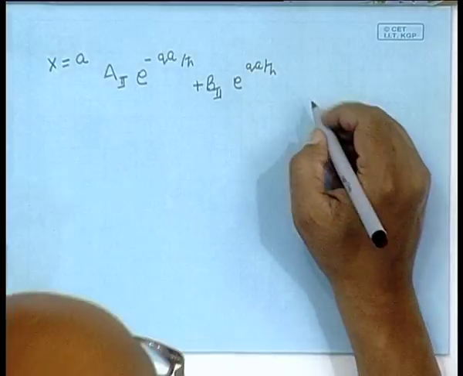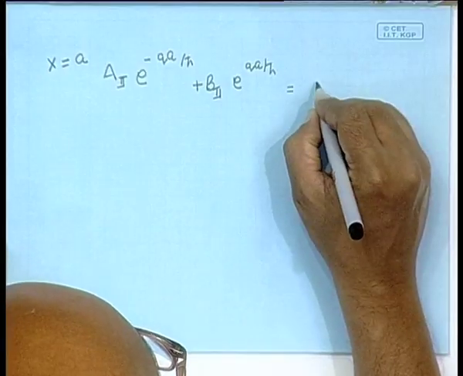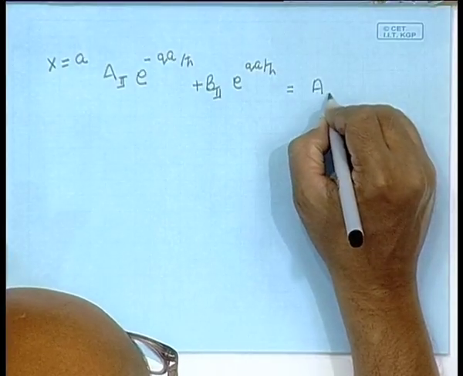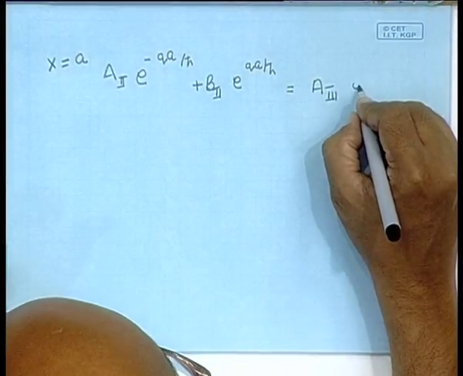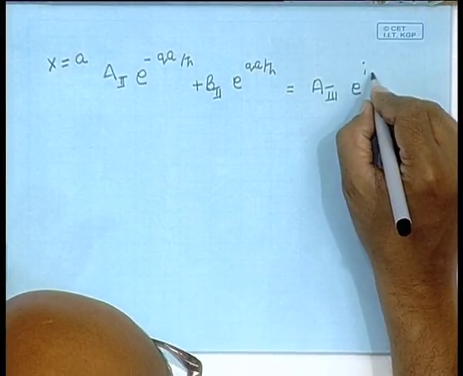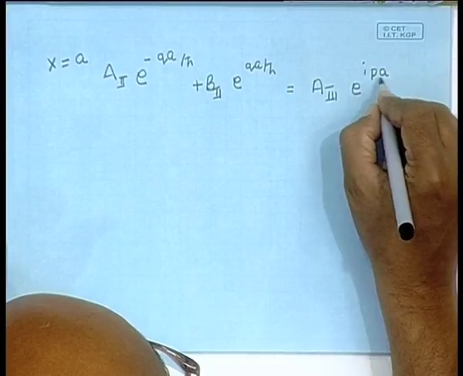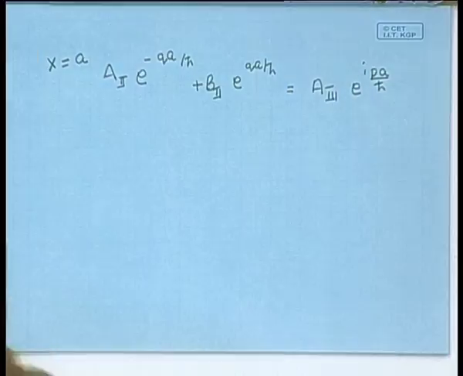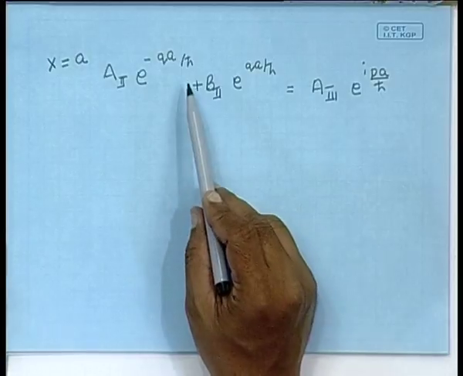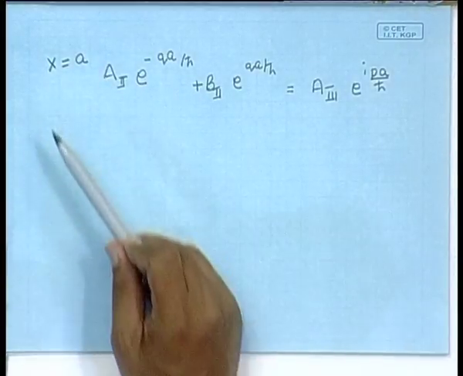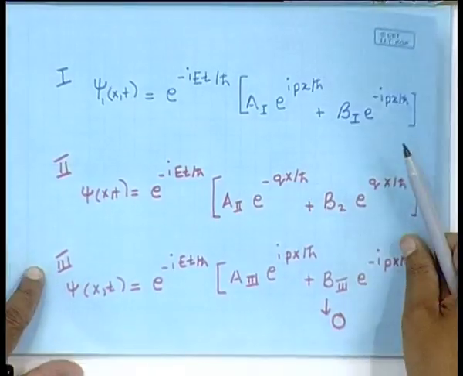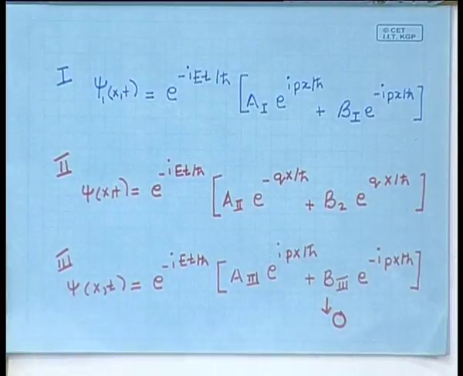So, this should be equal to A3 e to the power i p a by h cross. So, we have applied the first boundary condition at the boundary x equal to a. This is the interface between region 2 and region 3.